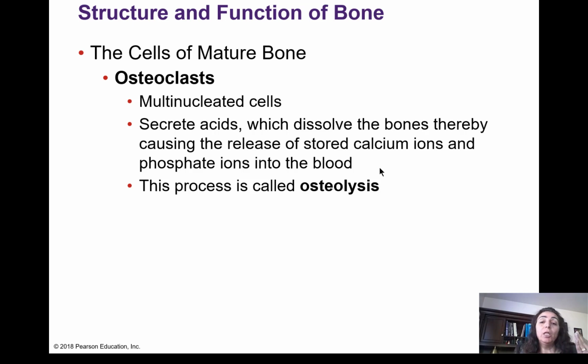And later you will see that many hormones are affecting these osteoclasts and give them a signal to start working, to break all those parts of the bone and release the calcium ion into the blood, right?